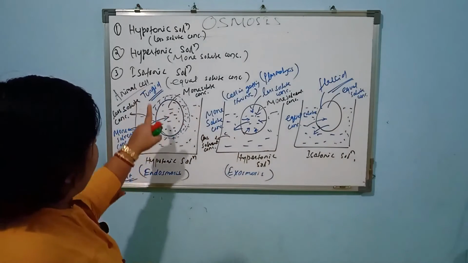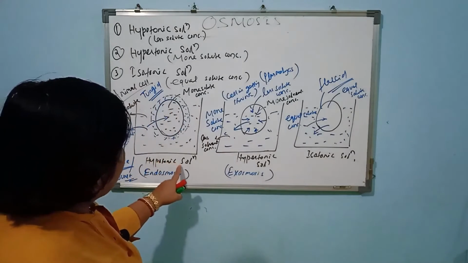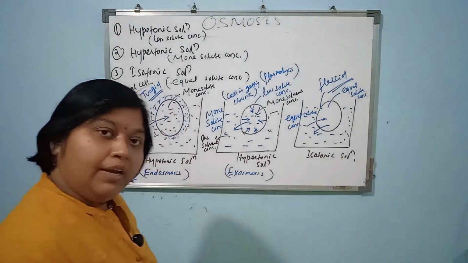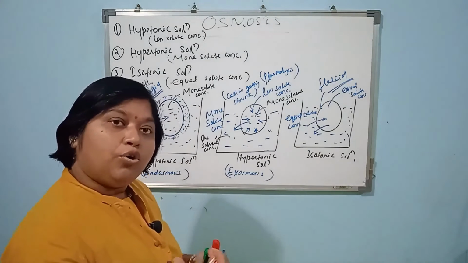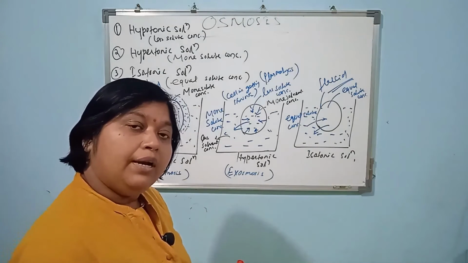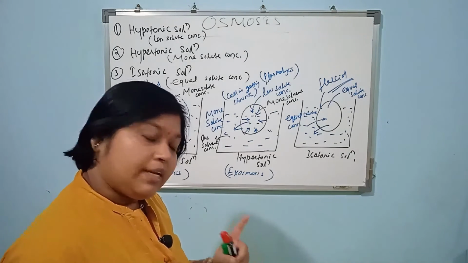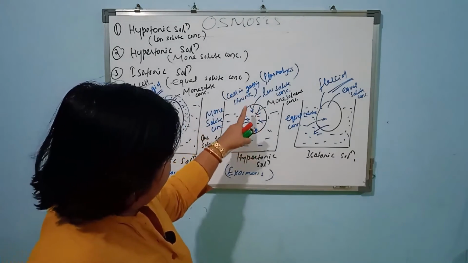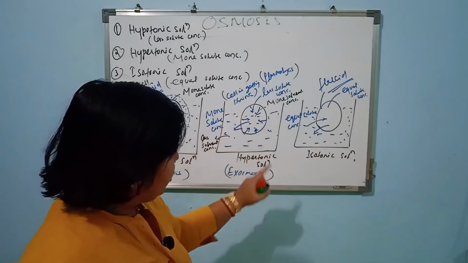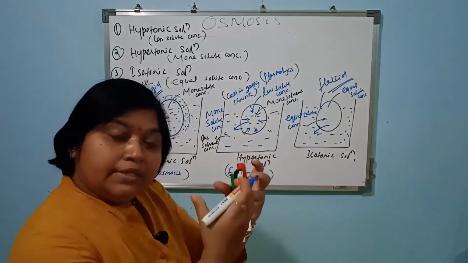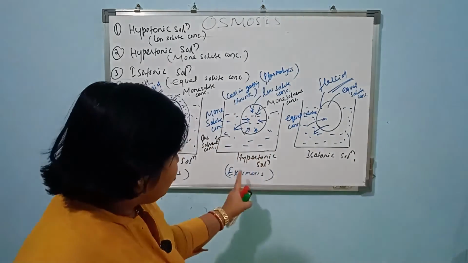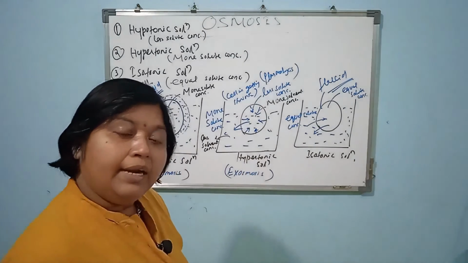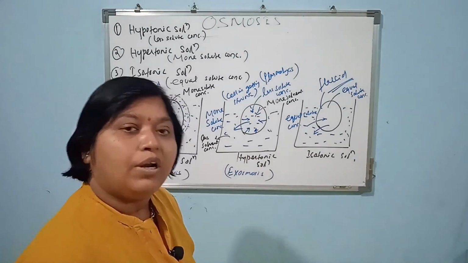So if you keep one animal cell in hypotonic solution, the cell will swell and it can't control its expansion, and it will lyse, or you can say the cell will burst. But if you keep the animal cell in hypertonic solution, what will happen? The cell will lose water. Here the exosmosis process is occurring and the cell will get plasmolysed.